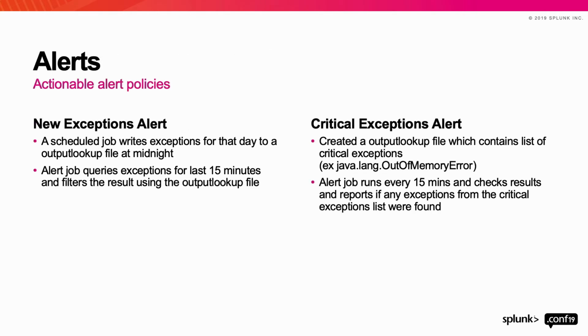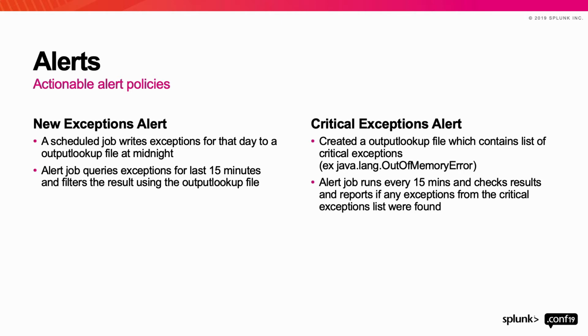All right, with that in mind, the first alert policy that we created was the new exceptions alert policy. Our goal was, how can we find new things when there are always these other ongoing things happening? We created this alert, and it's divided into two parts. First, we use a scheduled job that writes the exceptions for that day, using the outputlookup command, and saves that to a CSV file.